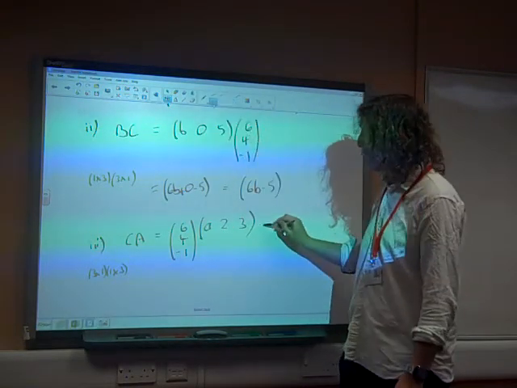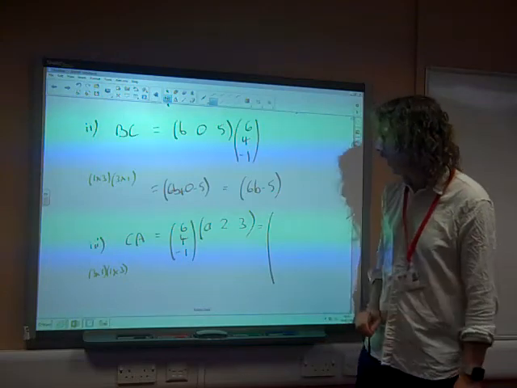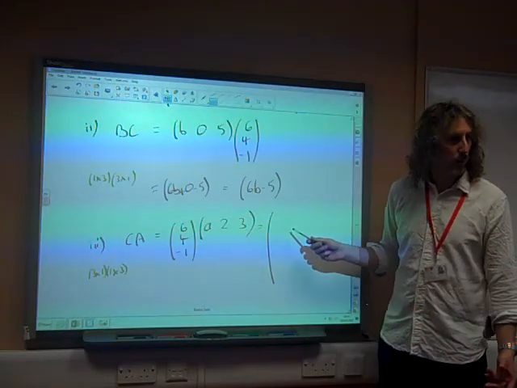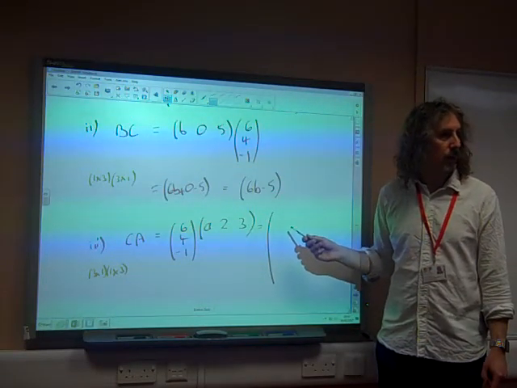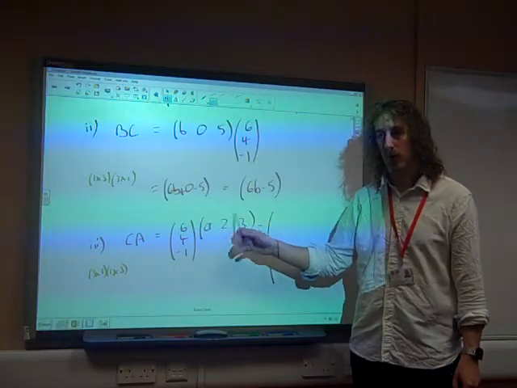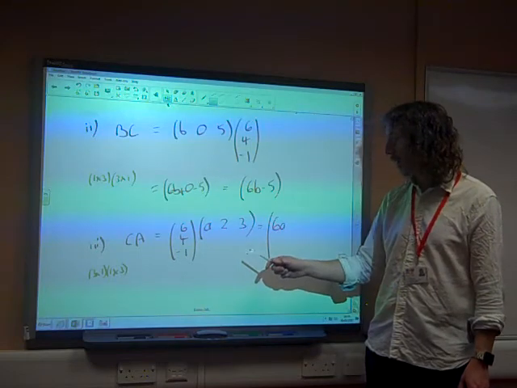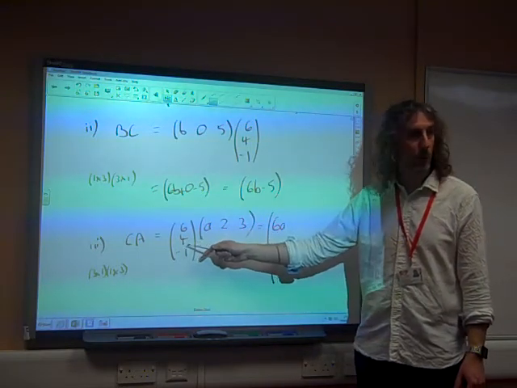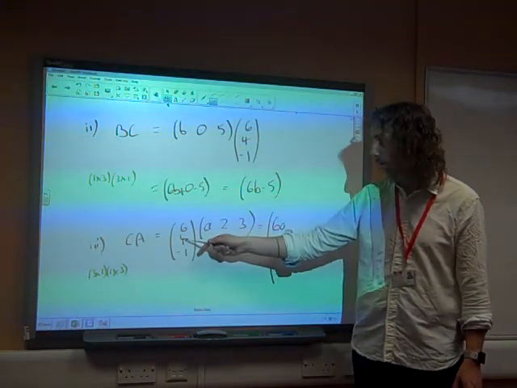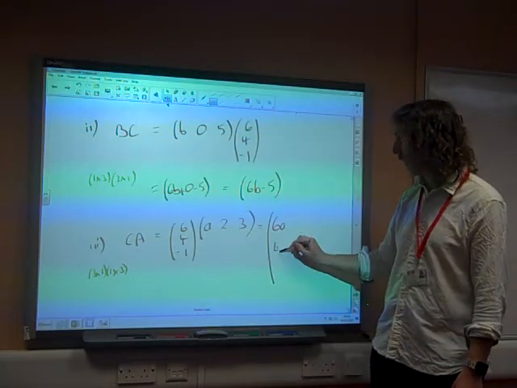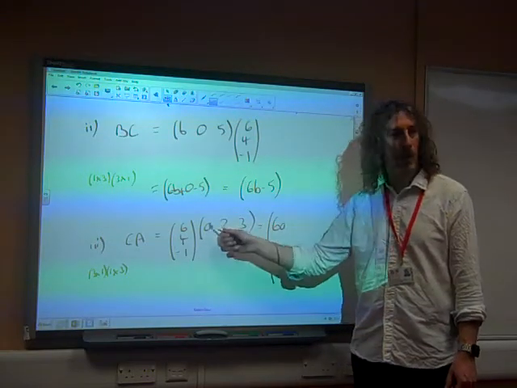So, as we multiply this through, remember where all the points are? This is row 1, column 1. So it's row 1 times column 1. And then, which order should we do it? Let's go down. So that's row 2, column 1, is row 2 times column 1. Row 3, column 1.